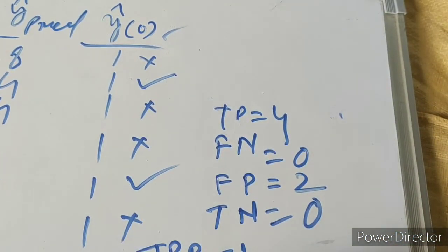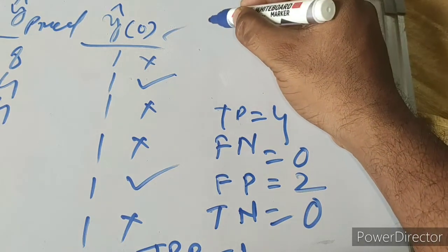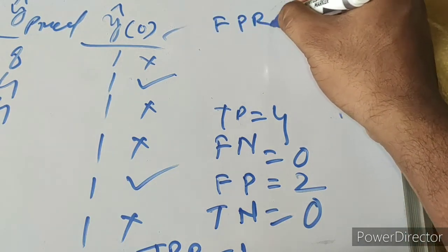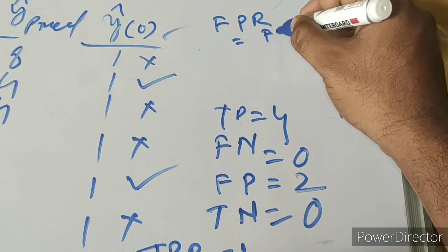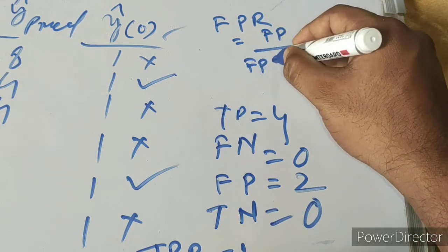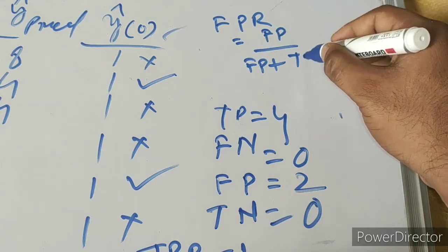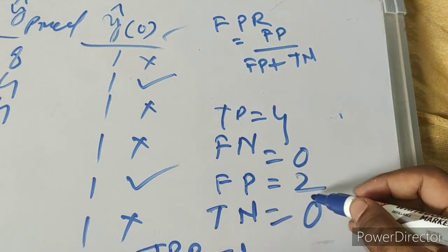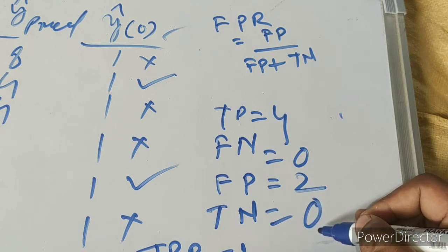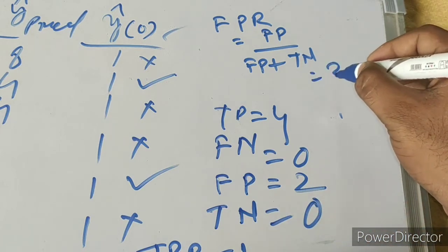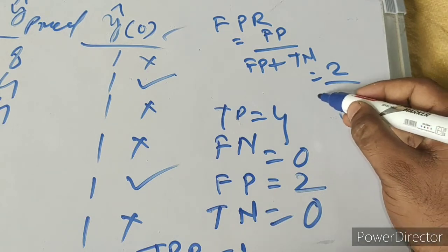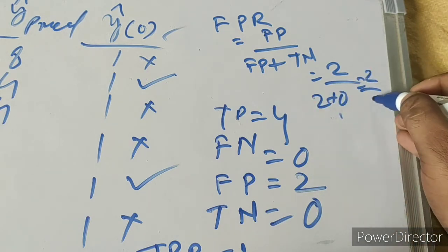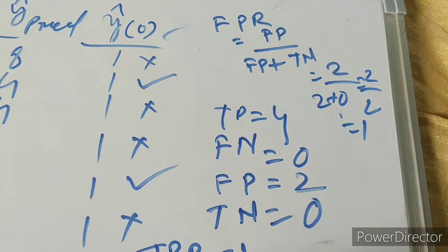Then let's proceed to false positive rate. The false positive rate formula: false positive divided by false positive plus true negative. So false positive is 2 and true negative is 0. So it means 2 by 2 plus 0 equals 2 by 2 equals again 1.